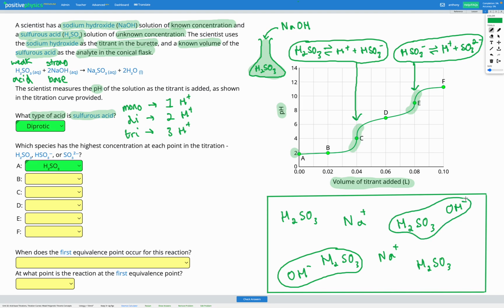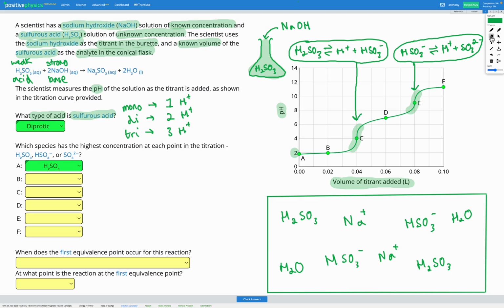So these are going to react, and we're going to get HSO3 minus forming and H2O, because one of the H pluses reacted with the OH minus that was added.